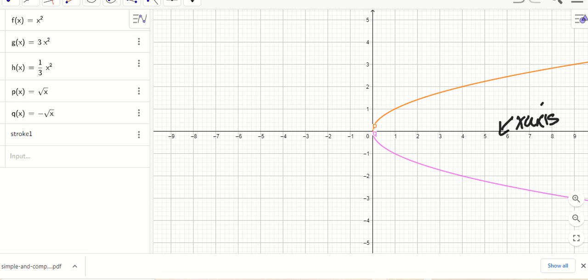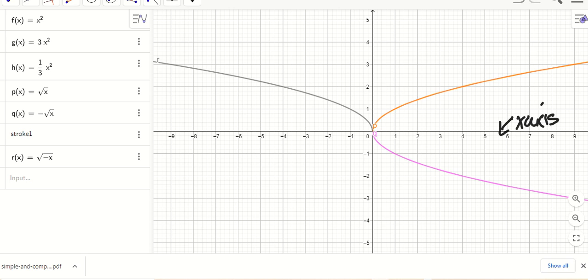But for the next one, if you have a negative on the inside of the function, you reflect across the y-axis. So let's see. The square root of x, but now I need to go inside and put a negative on the inside.